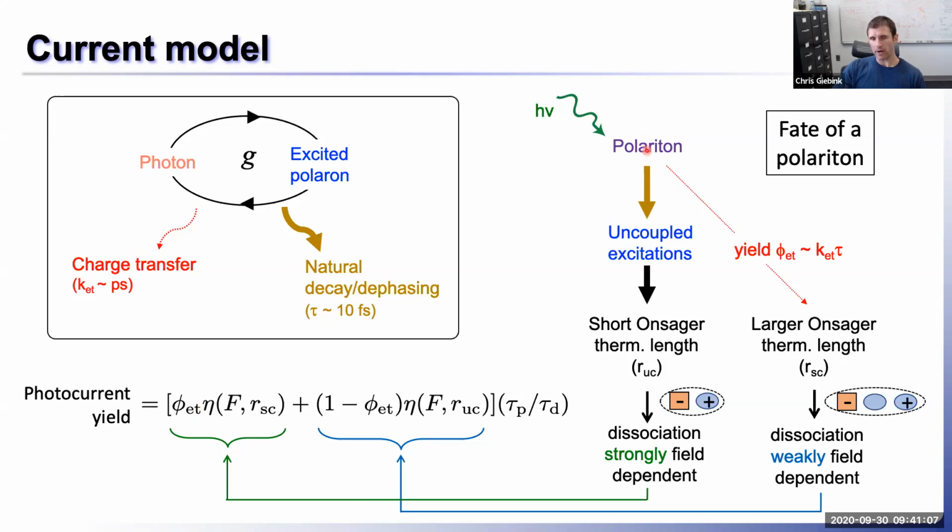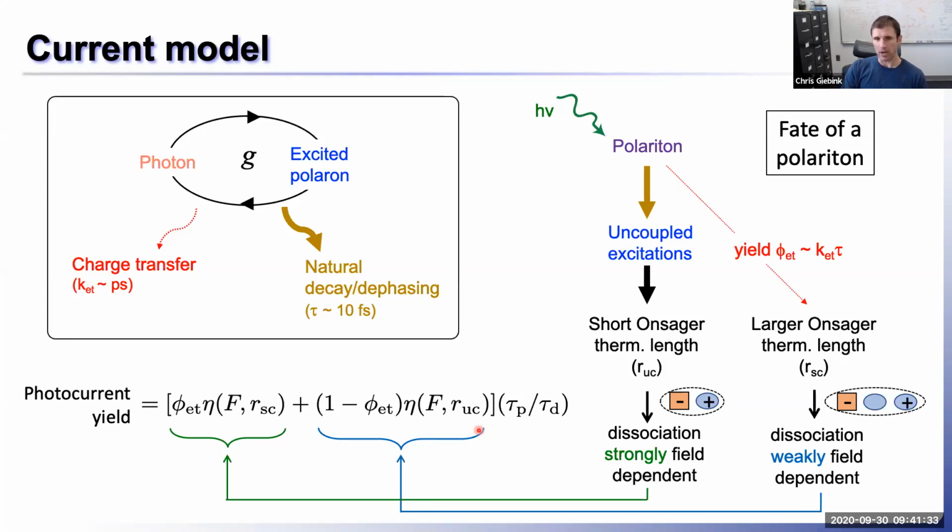But a small fraction of the polaritons will decay by undergoing charge transfer. And for reasons that I'll hopefully explain in another slide or two, that gives you a starting pair with a larger Onsager thermalization length, and so it has a weaker field dependence in dissociation. That's a second contribution to the photocurrent.